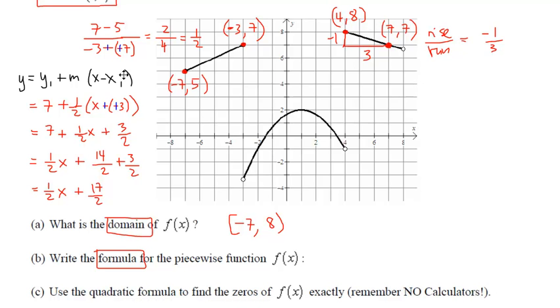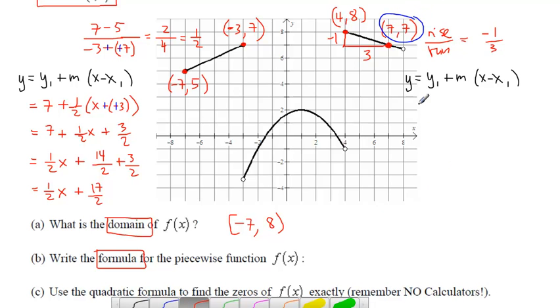Over on this side, I'm going to use the same equation. We'll use the point 7, 7. That's a good point to use. So then y equals 7 minus a third times x minus 7.